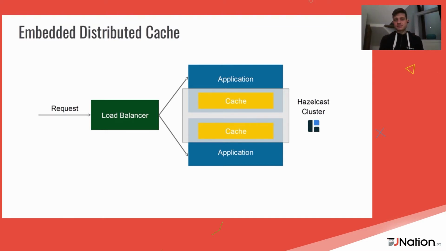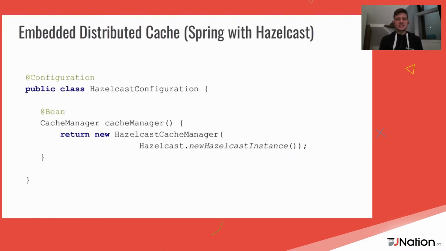And Hazelcast, as I told you, is just a library. That is why we can specify it, for example, in Spring, just use a different cache manager, and that's all. That's all you have to specify to use Hazelcast as a caching solution in your Spring application.